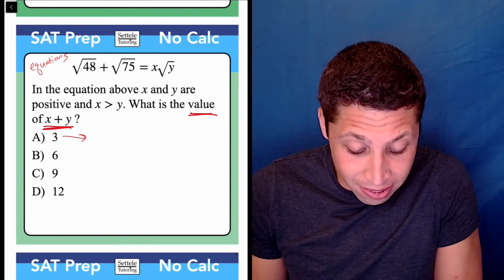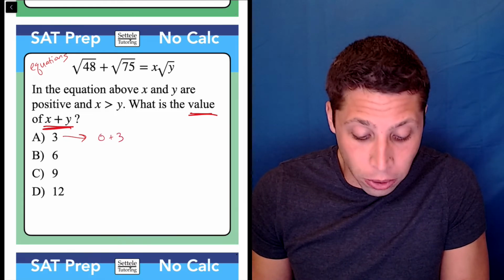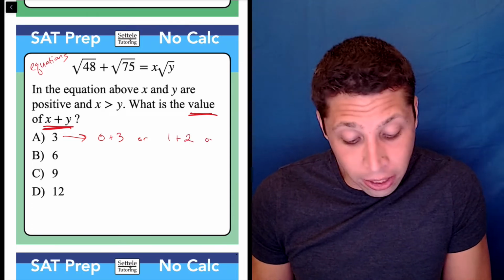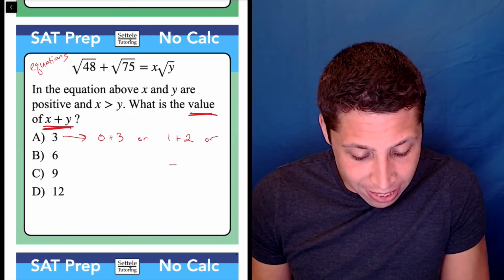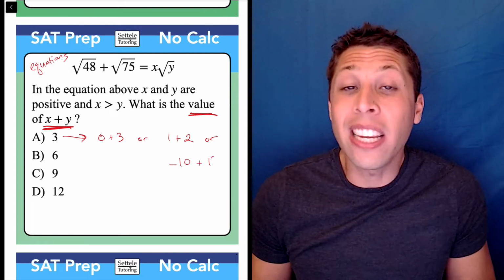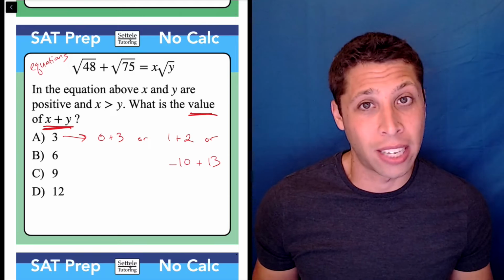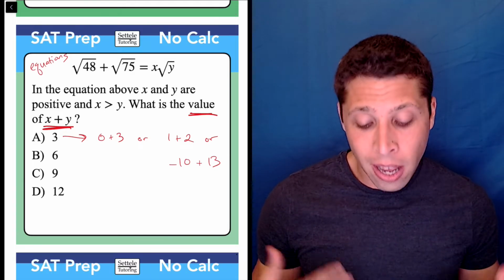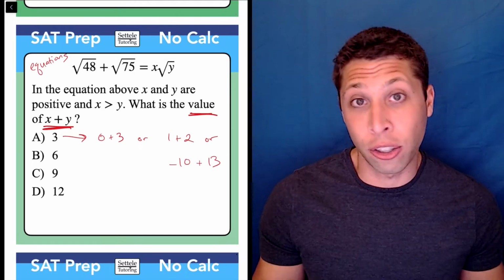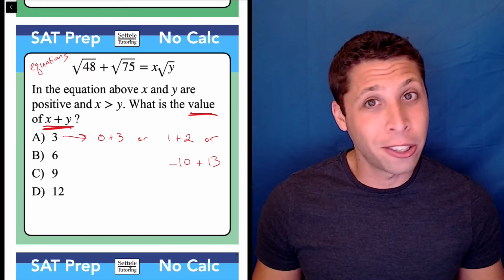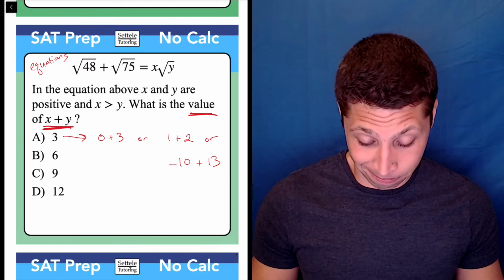Well, it could be that x is 0 and y is 3, or it could be that x is 1 and y is 2, or it could even be that x is -10 and y is 13. You see, there's unlimited possibilities. I don't know the individual values of x and y, so I can't really guess and check here. This is just to say that we're going to need to do some traditional algebra for this. That happens sometimes. Simplify some radicals. Something's going to line up.